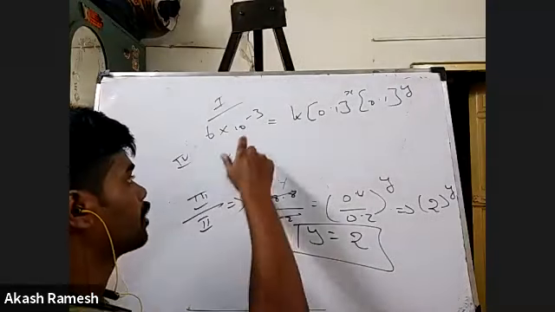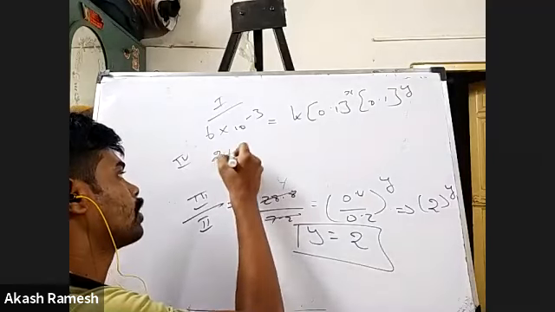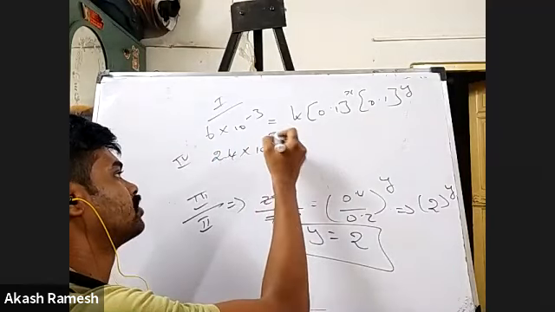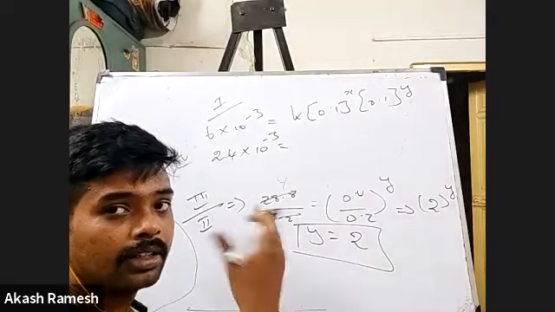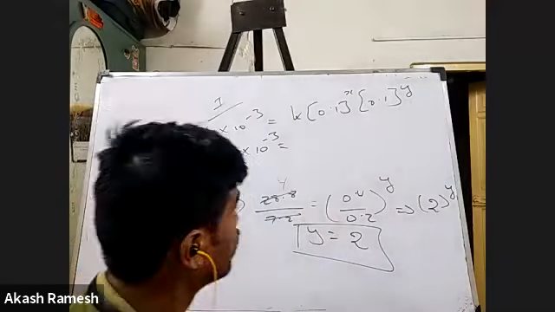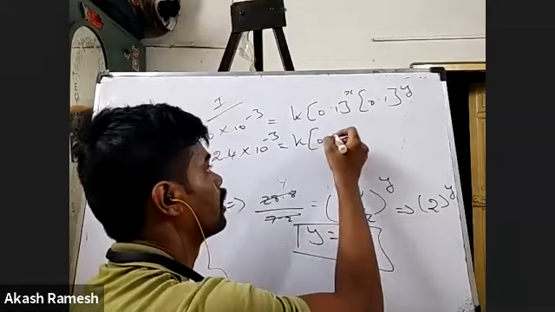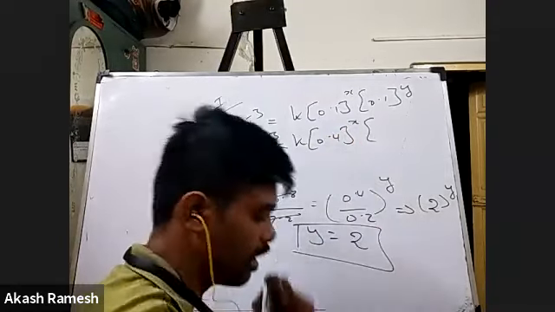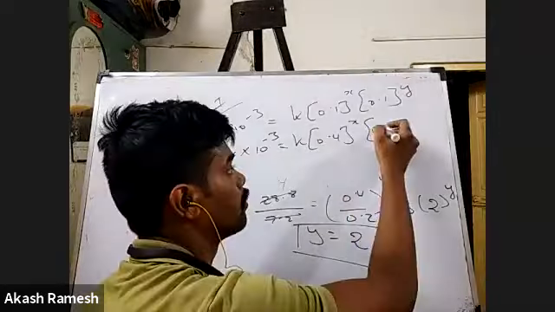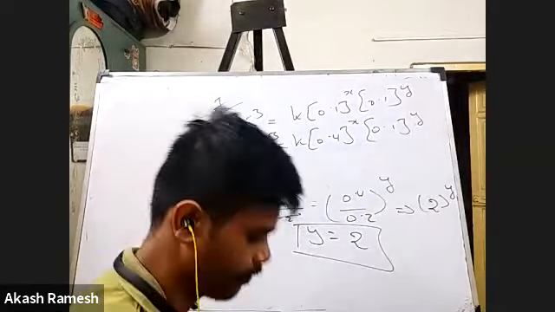So since I have 10 power minus 3 here, I'll write it as 24 into 10 to the power minus 3. Okay, I just changed the tens powers, right? Again, k into the value for a is 0.4 power x. And here I have 0.1 power y, right?